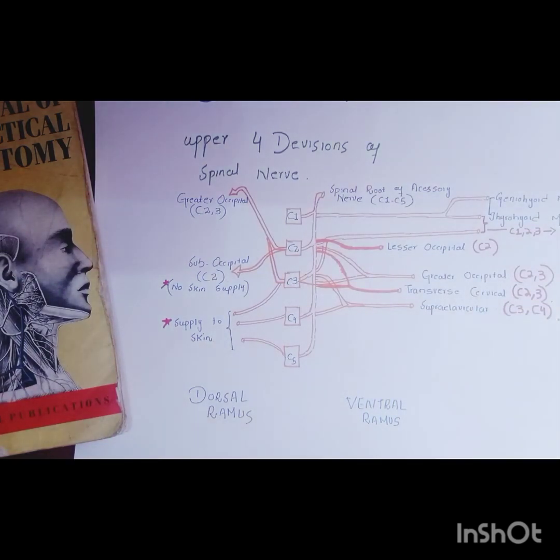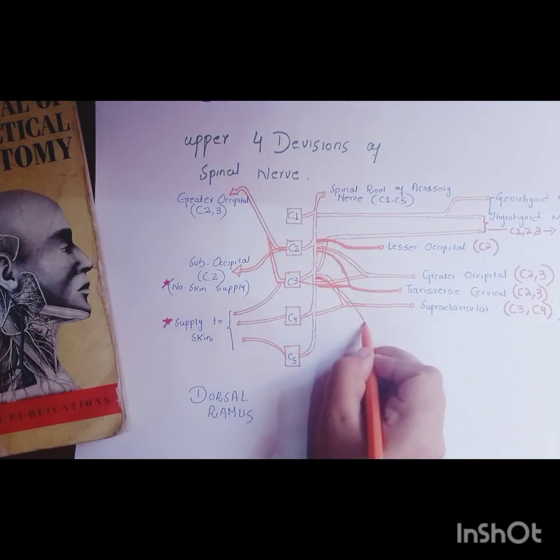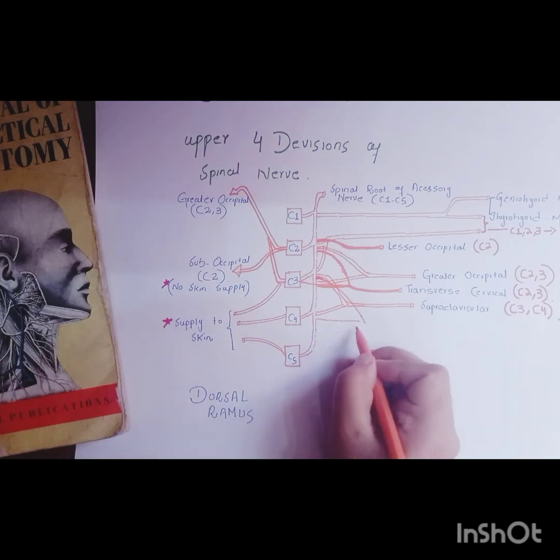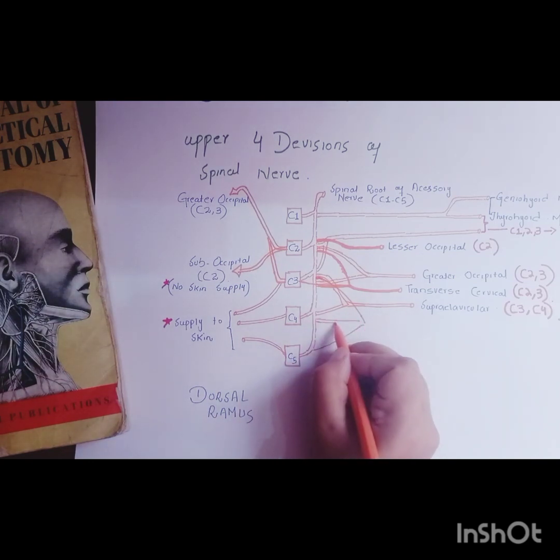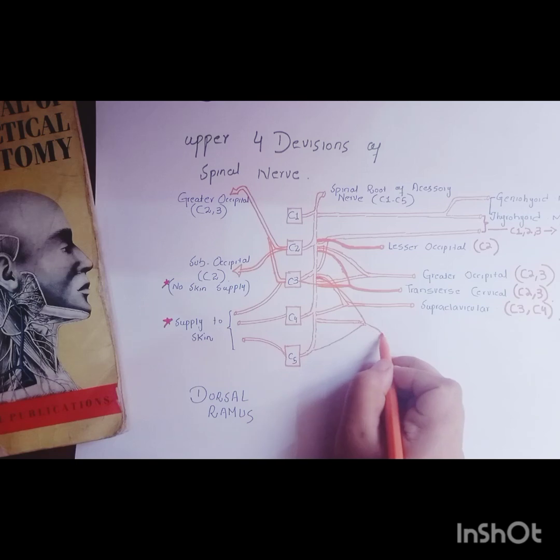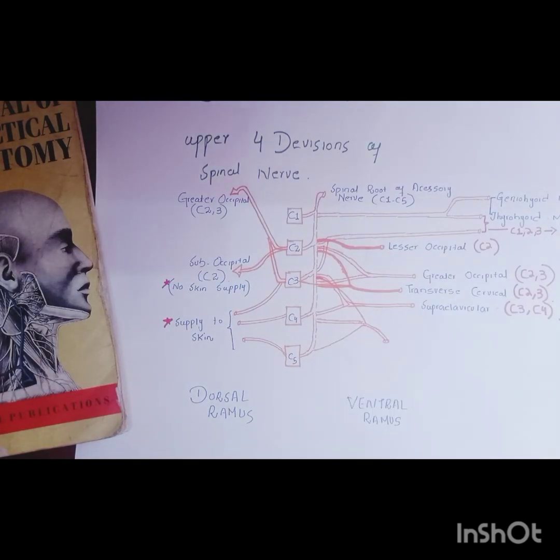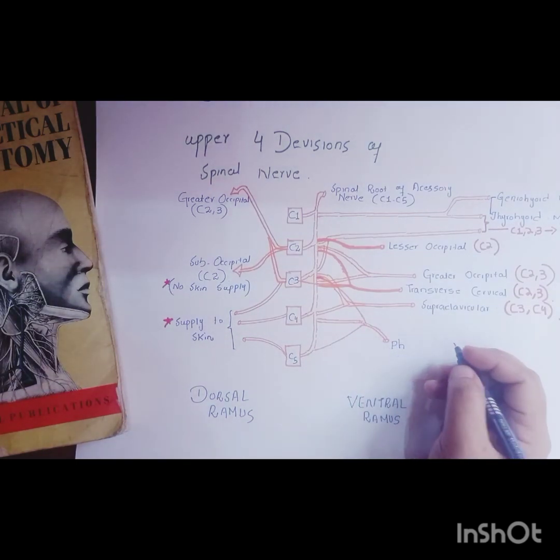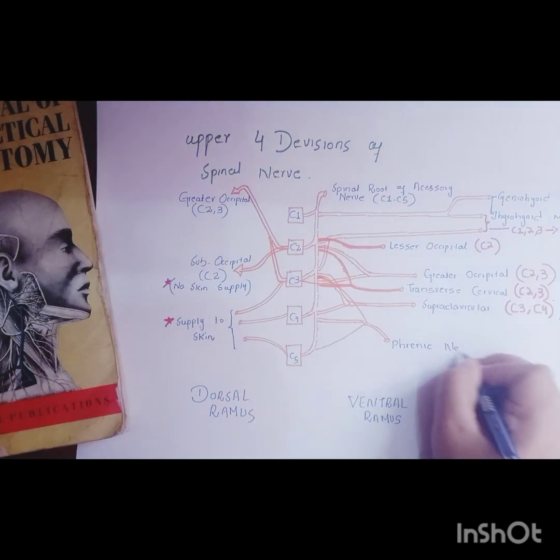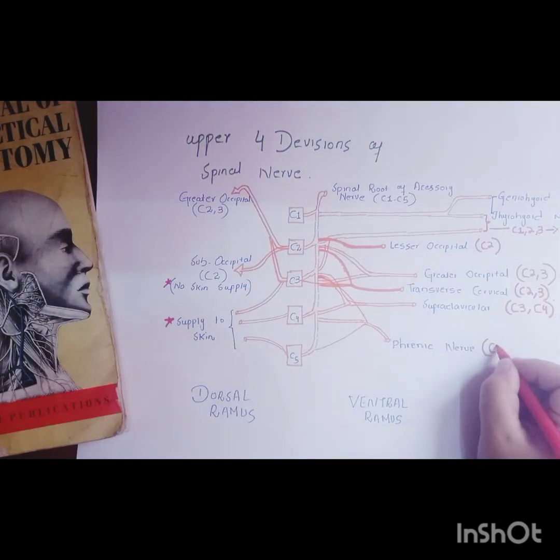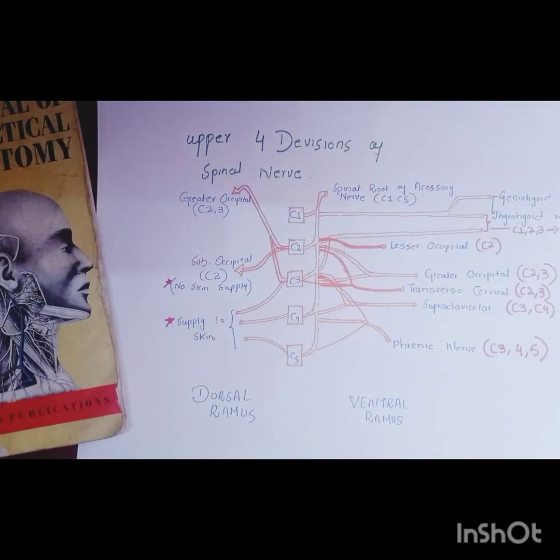Now, the deepest part of the ventral ramus of the cervical plexus arises from C3, 4, and 5. This is known as the phrenic nerve from C3, 4, and 5.